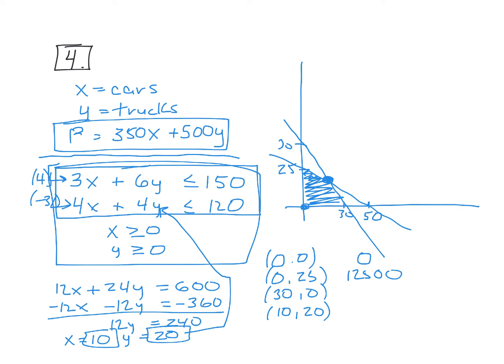I'm going to put 30 in for x, so 350 times 30 is 10,500. And then I'm going to take 350 times 10, which is 3,500, plus the 500 times 20, which is 10,000, and I get a total of 13,500, which is, you can see, the maximum. And that is when we would produce 10 cars and 20 trucks.